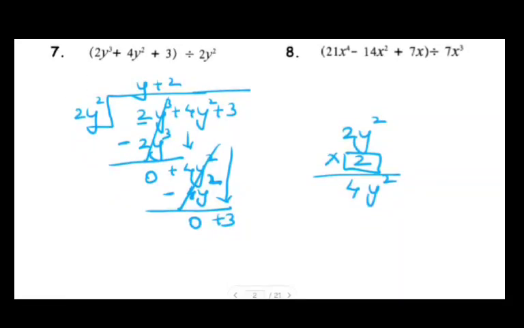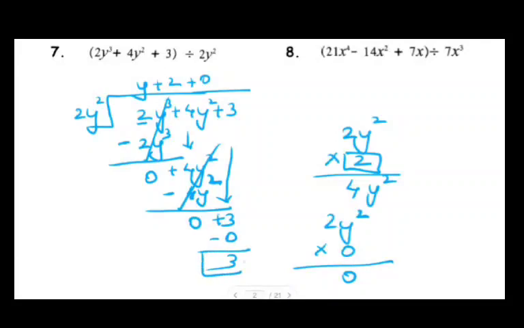Alright, now children, please tell me, does 3 come in 2's table? No, it doesn't. Alright, so this 2y square, I have to multiply with a 0, which gives me a 0. So 2y square plus 0 gives me a 0 here.